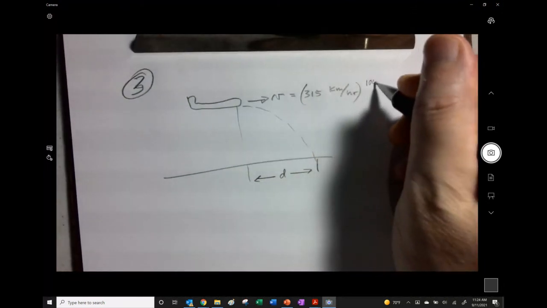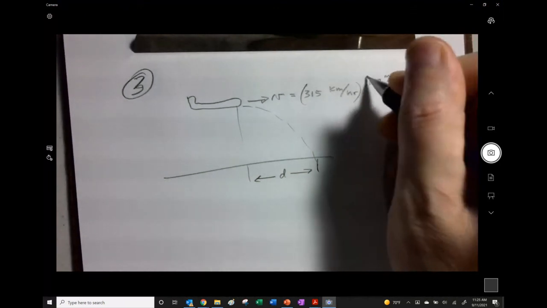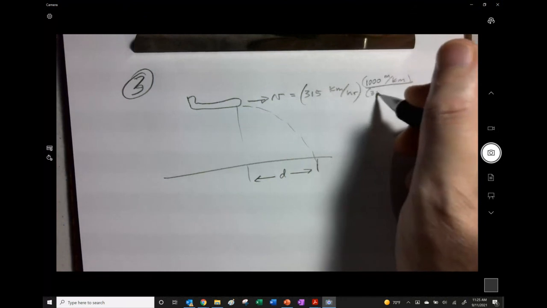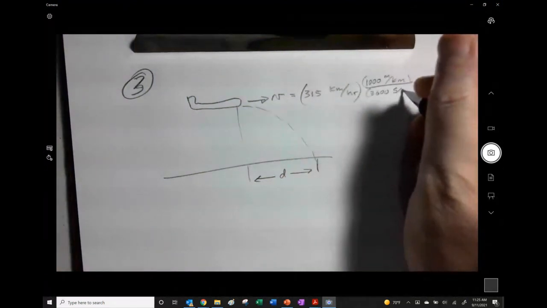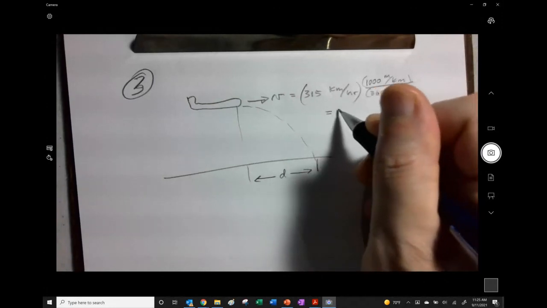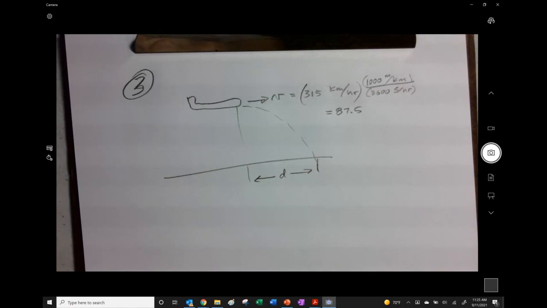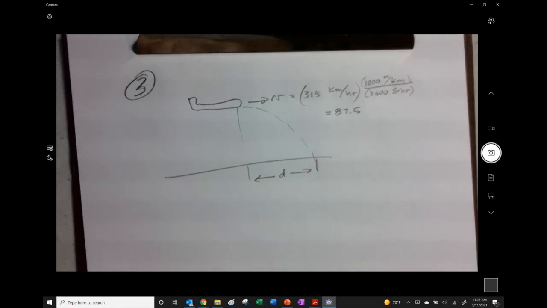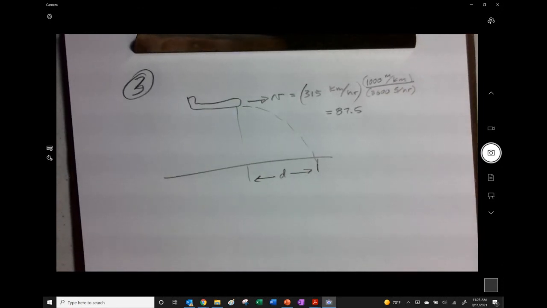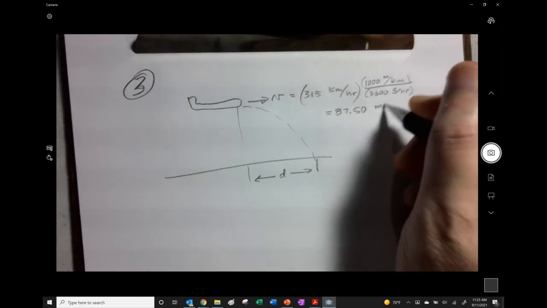So we take 1,000 meters per kilometer divided by 3,600 seconds per hour, and we end up finding that this is about 87.5. I want another sig fig. I'm all about at least 4 sig figs for calculations. So it is 87.50 meters per second.